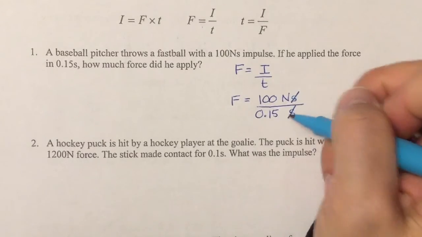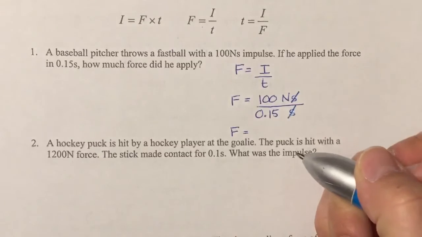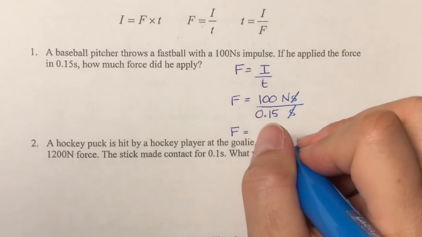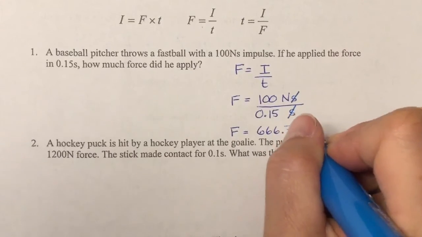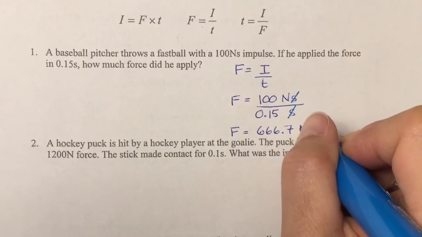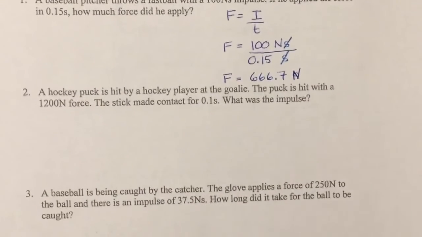Can cancel out what is the same. And look what I'm left with. 100 divided by 0.15 is 666.7 newtons. Excellent. That's it. I'll take you through one more.